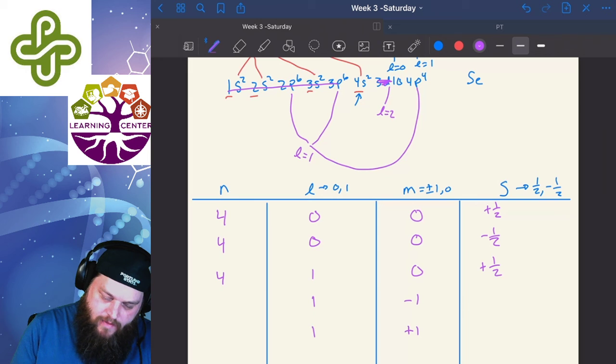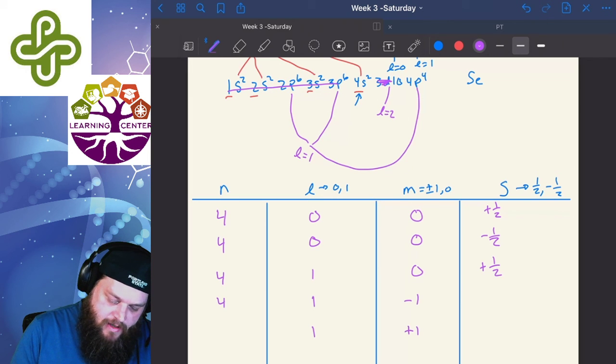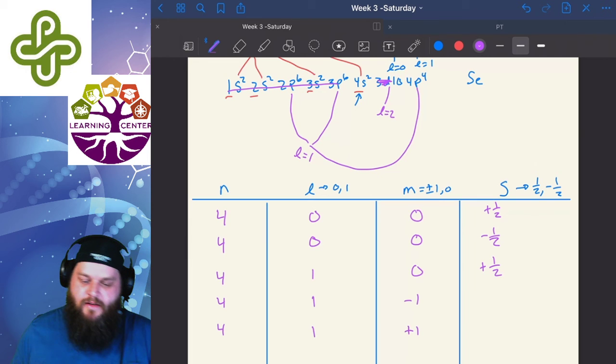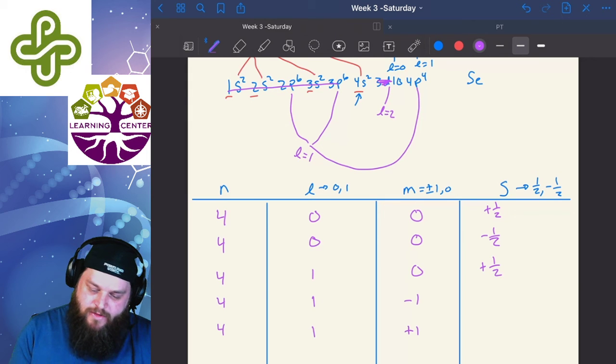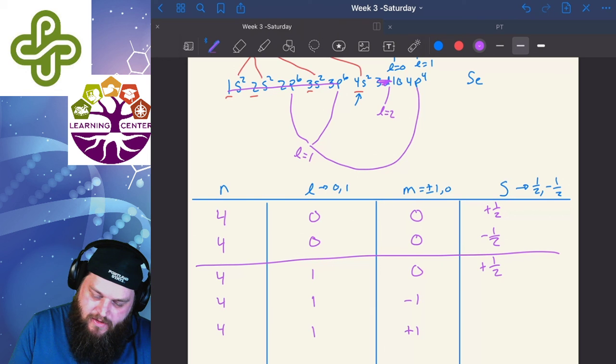Each of those is going to have an L equals 1. It's a P orbital. And each of those is going to have an N equals 4 because that's what we're looking at specifically. This is the N equals 4, L equals 1, and then M changes from 0 to -1 and 1. So each of those can have a +1/2.